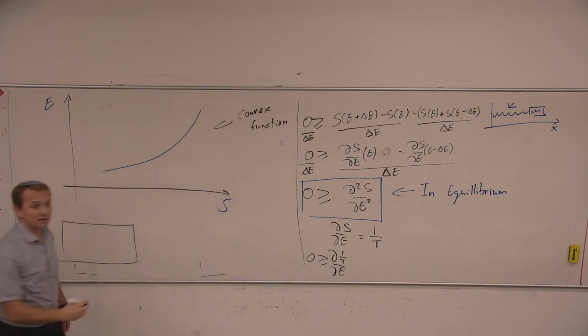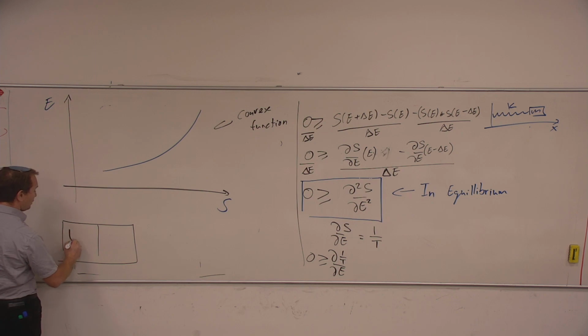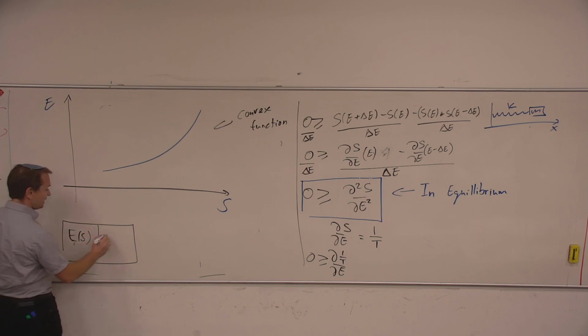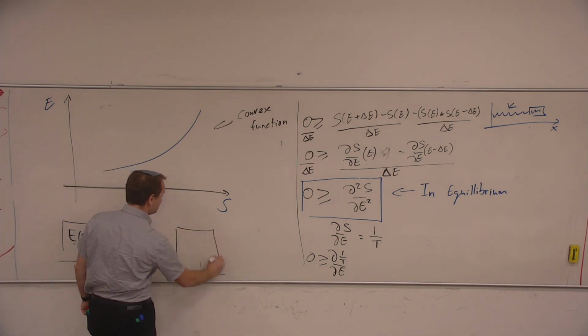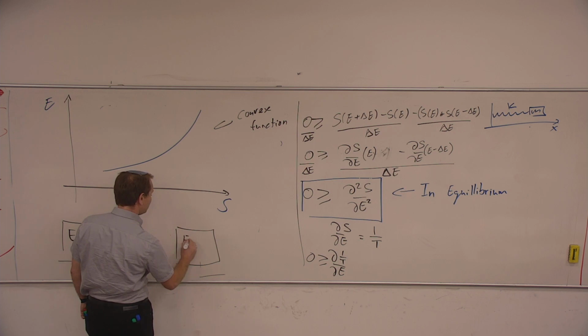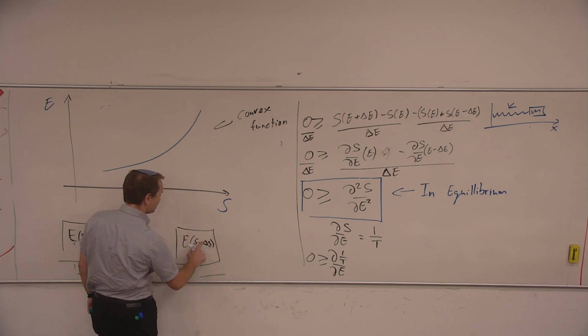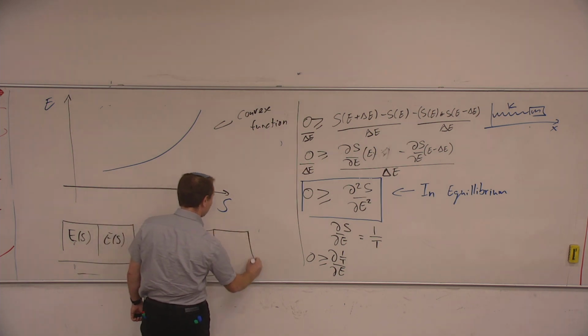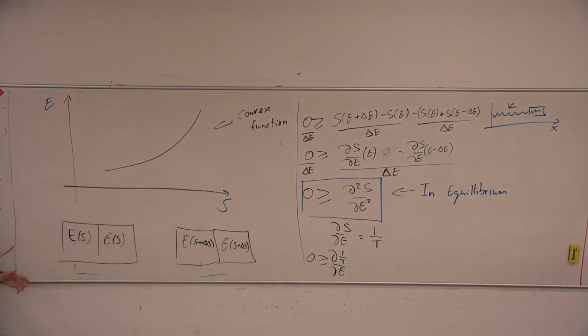Stas, this would be because of minimal energy? Exactly. Okay? So if I have E of S and another E of S, this is the claim. And I will perform this trick of looking at E of S minus delta S and E of S plus delta S. How do I achieve this?